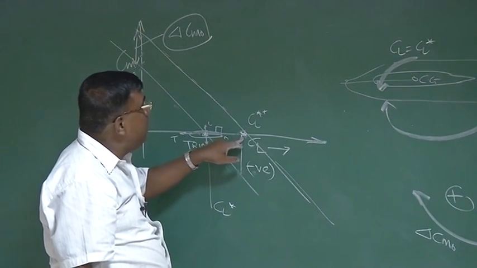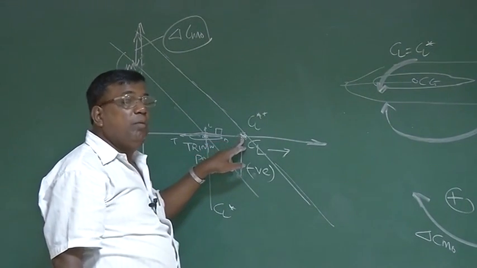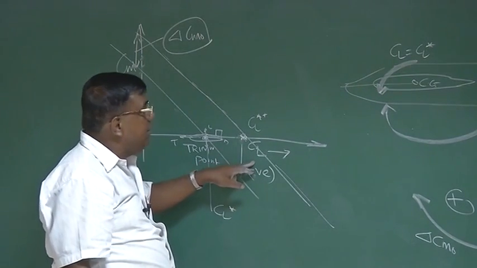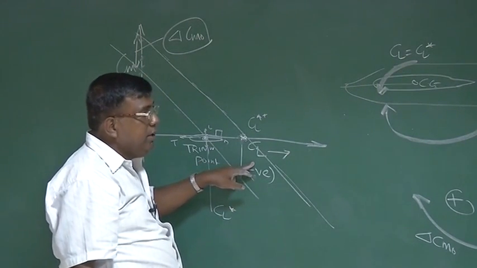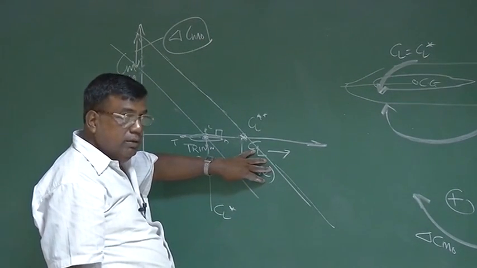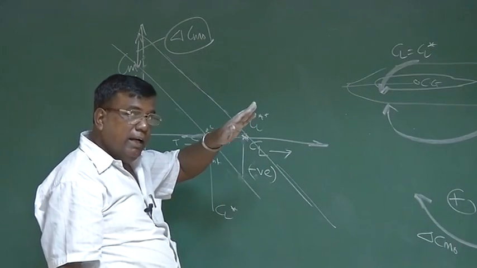But I want to fly here, which means at this point the net pitching moment should be 0. So I will be using elevator in up configuration to generate a positive moment so that this moment is countered, and I can fly at higher CL.